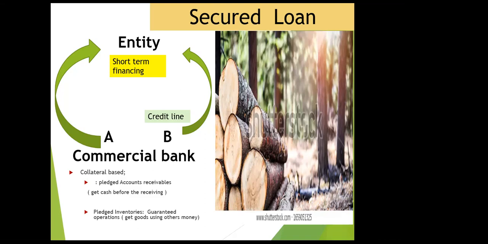Okay. Then you can also utilize the inventories. Okay, whatever you have in stock, you can also utilize it as collateral. Okay, so how does it become handy as well?